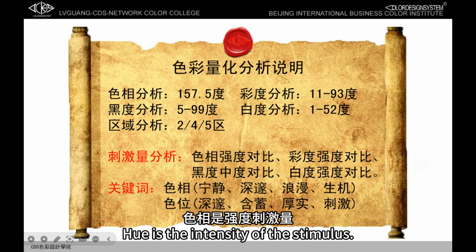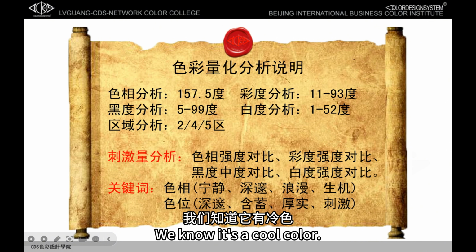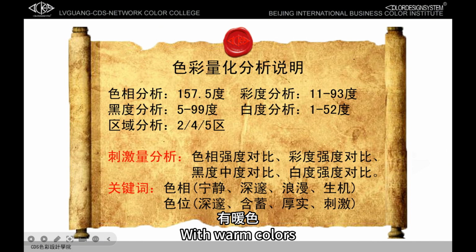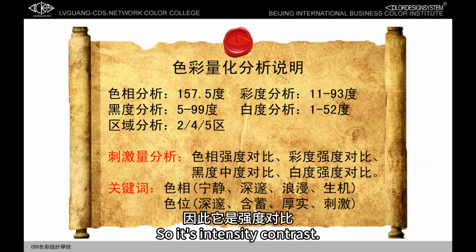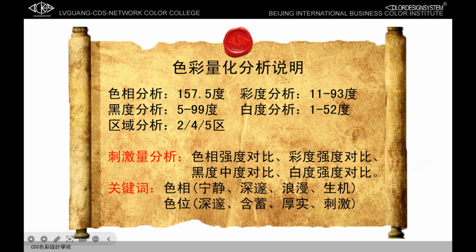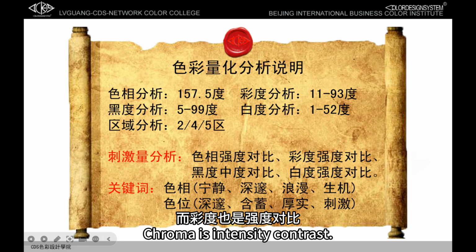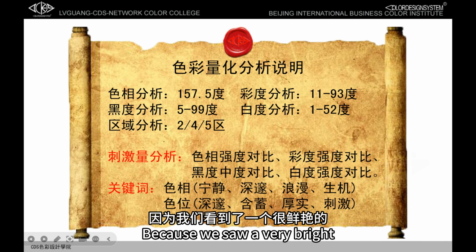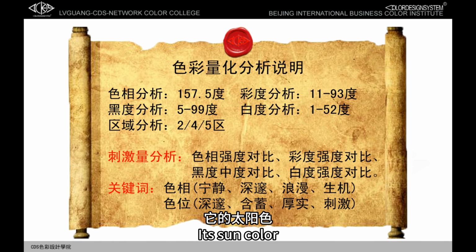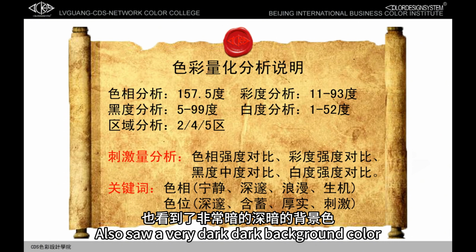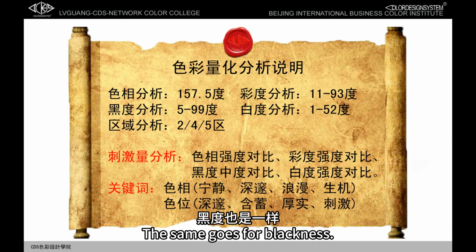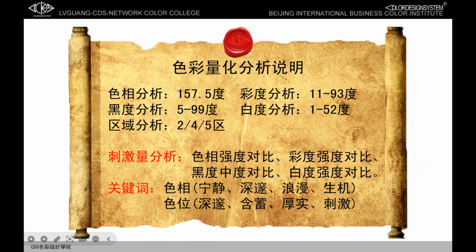Hue is the intensity of the stimulus. We know it's a cool color, with warm colors, with red, and green, and blue, and yellow. So it's intensity contrast. Chroma is intensity contrast, because we saw a very bright sun color, also saw a very dark background color. The same goes for blackness.